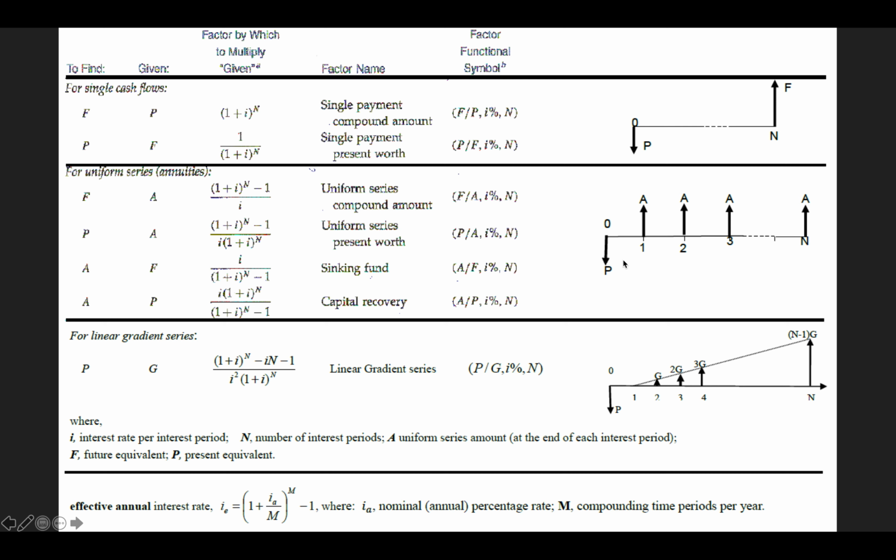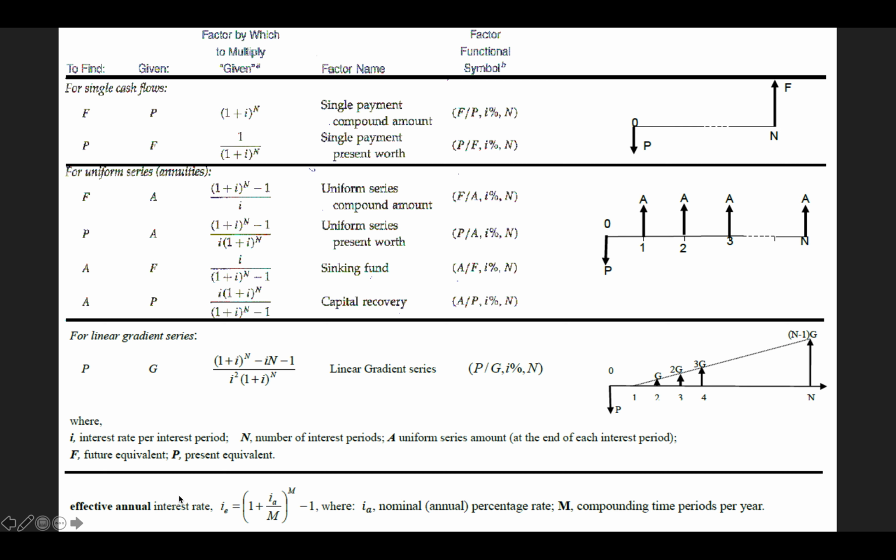The same goes for the linear gradient series: you can use the interest to convert each cash flow to year 0 and add them all together. It doesn't change anything. The only reason we have these equations is to make our calculation a little easier.